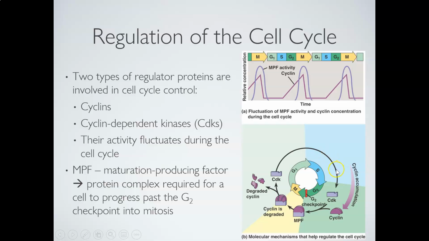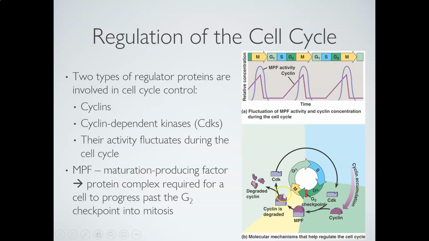As we continually upregulate or produce higher and higher accumulations of that cyclin, the more cyclin that's present, the more that cyclin is going to naturally bind to that CDK molecule, producing this MPF, this maturation promoting factor, this protein complex. Once we have that MPF in a high enough concentration, which is what we're seeing here, so cyclin's building, I now have a high activity of MPF. That's going to switch us over into that mitotic phase, and we go through those phases of mitosis.